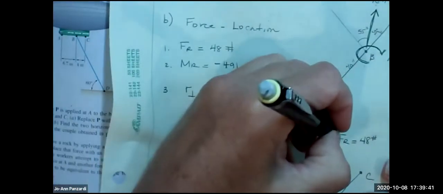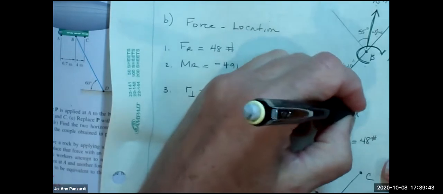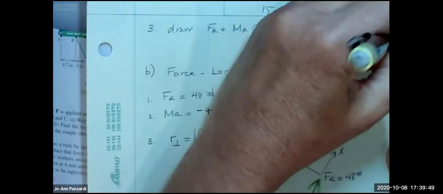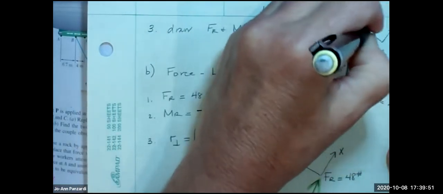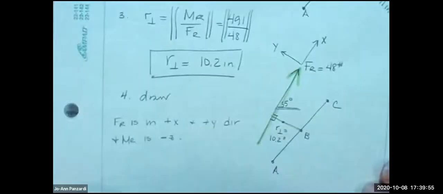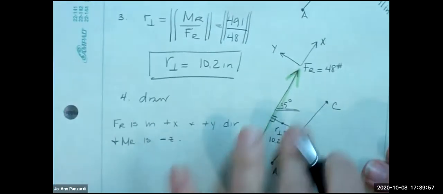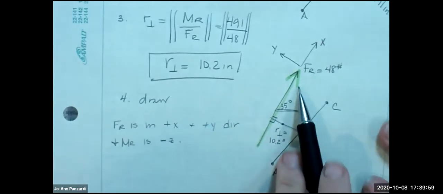So did we ignore rotating the axes as far as the resultant force is concerned? We just did that to make the moment convenient? No, we could still have the axis here. This could still be X, and this could still be Y. Regardless of how I put my axis, the force is still in the same direction.